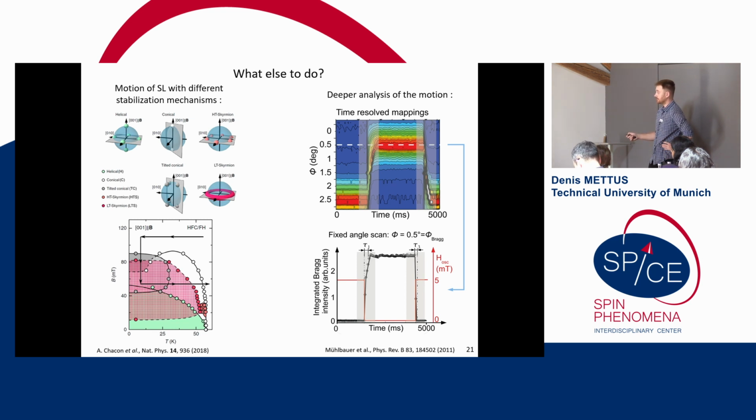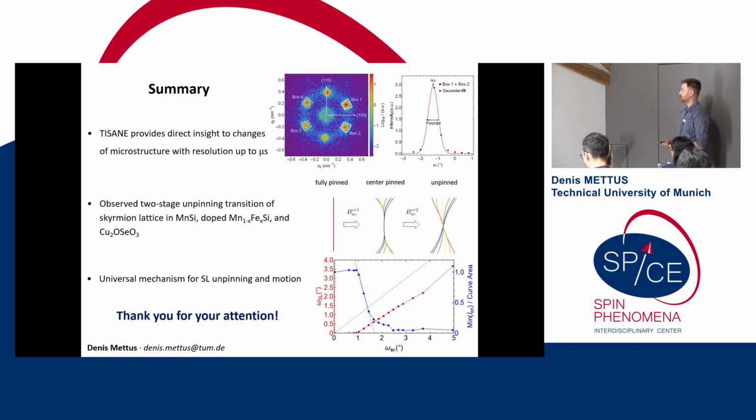To answer that, we will need to tune the instrument differently to get more time resolution at the cost of intensity. But we should be able to do that. And if we can, we can also measure this transition time, which in theory should give you some skyrmion relaxation parameters. So now we're waiting for neutrons to do that.